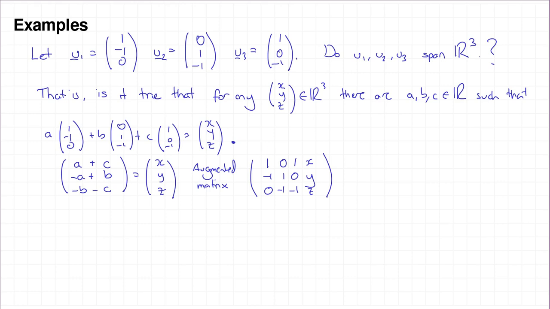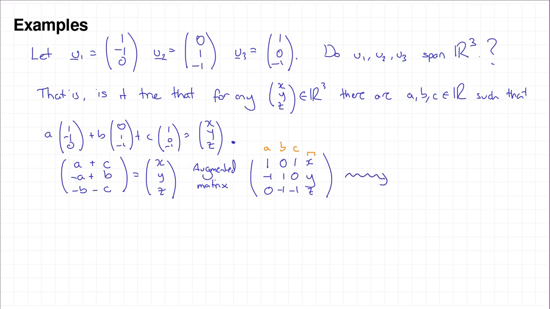So this is the column corresponding to a, this is the column corresponding to b, this is the column corresponding to c, and this last column is the column corresponding to the constants. So that first row represents a plus c equals x, the next row represents b minus a equals y, and so on.